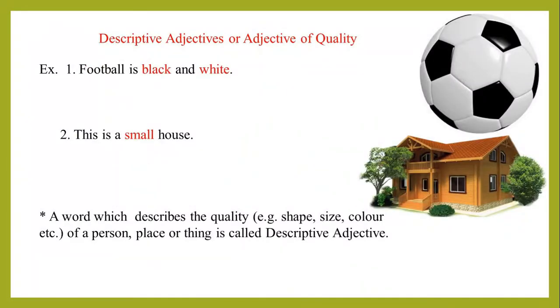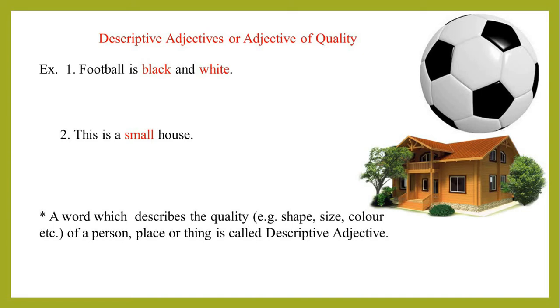Now, our next point is descriptive adjective or adjective of quality. Look at both the examples. Here, in the first example, the words black and white refer to the quality of the football, while in the second, the word small describes the size of the house.